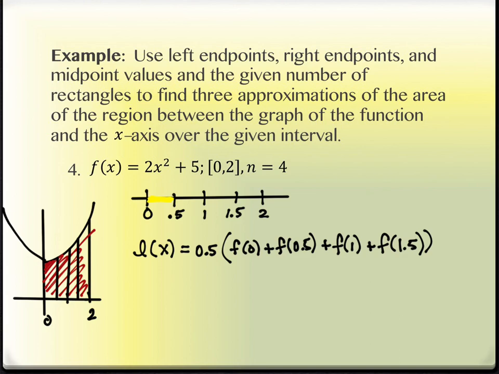Now let me just write down really quickly the right-hand endpoints notation and then the midpoint. And then we'll go back and we'll do the calculations all at the same time. Okay, so for the right-hand and the midpoint, there's still widths of 0.5. It doesn't matter where I'm measuring the height from. The widths of all the rectangles are the same. And I'm going to have 4 heights. Where will my first height, or what approximation value am I going to use for my first height with right-hand endpoints? 2.